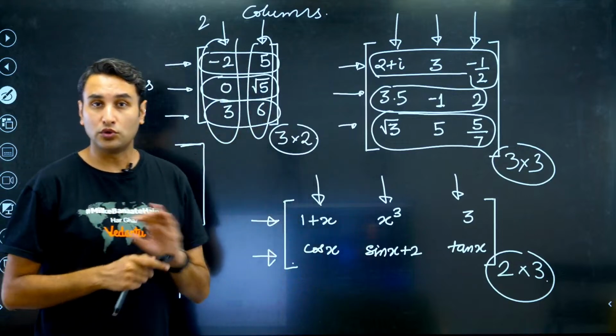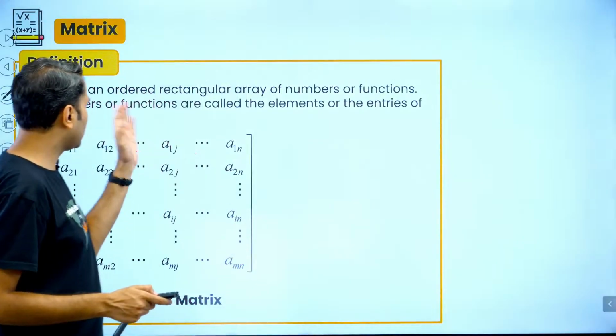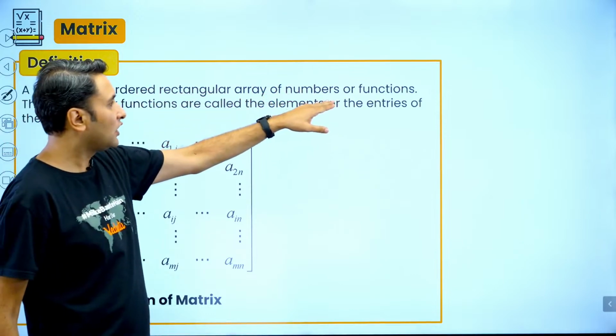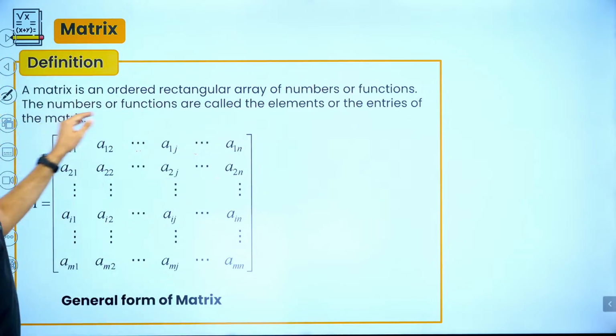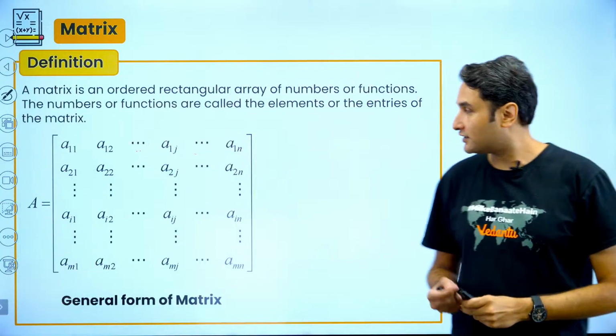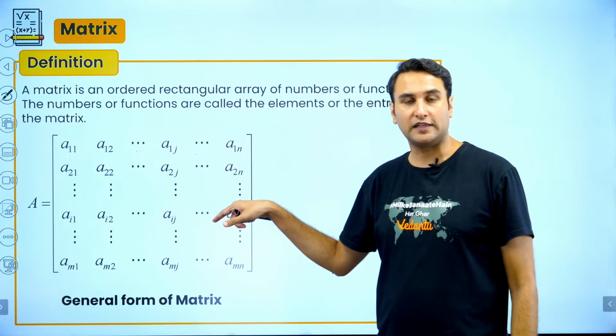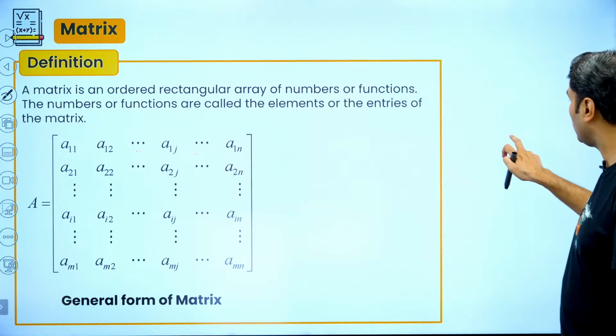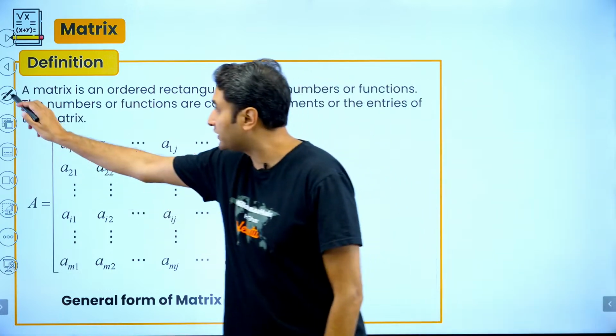All right, no problem. So this is, again, read it. A matrix is an ordered rectangular array of numbers or functions. The numbers or the functions are called the elements. What are all these called? These are called the elements of the matrix, right? Cool. Now also understand one more important thing here.